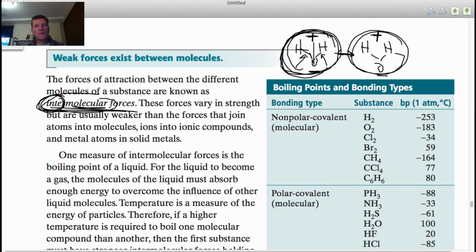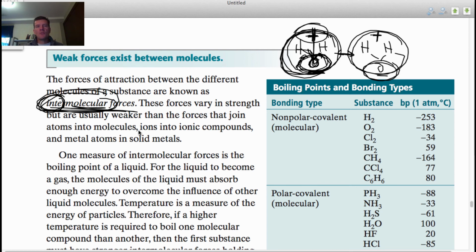So this oxygen has a greater electronegativity, so it's going to pull the electrons closer to that side. And therefore, the electrons are going to hang out more on this side of the molecule, even though the whole molecule is neutral. So this side is going to have a negative end, leaving the other end to be more positive. Well, that means if this positive end of this molecule comes close to the negative end of another water molecule, they're going to be attracted to each other. And that's what forms an intermolecular force.